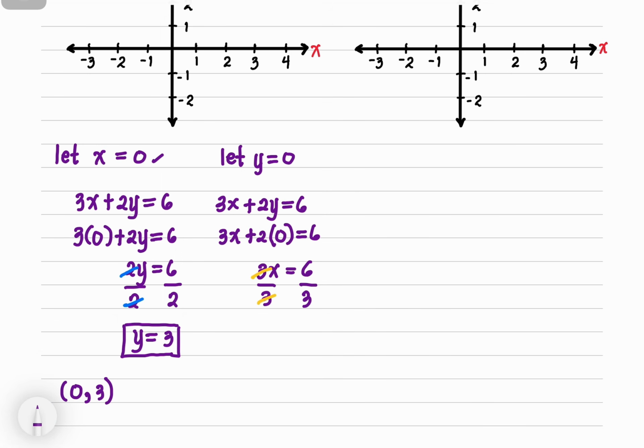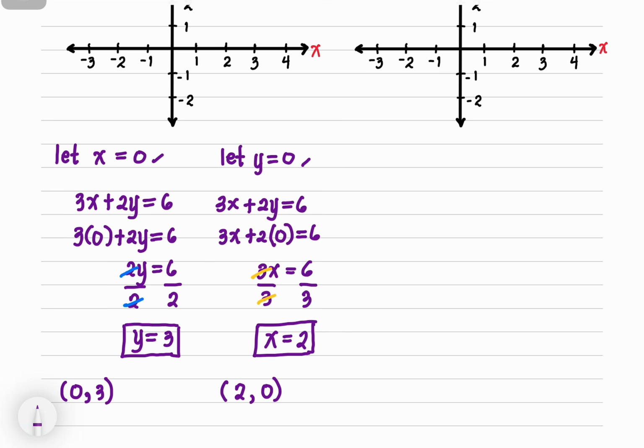And then, we left by the variable x. 6 divided by 3, which is 2. So, yung x value natin, which is 2. Okay? And then, yung coordinates natin dito, o yung point, is 2, 0. Tama? Okay. So, may value yung x natin, which is 2. Yung y natin, equals 0.